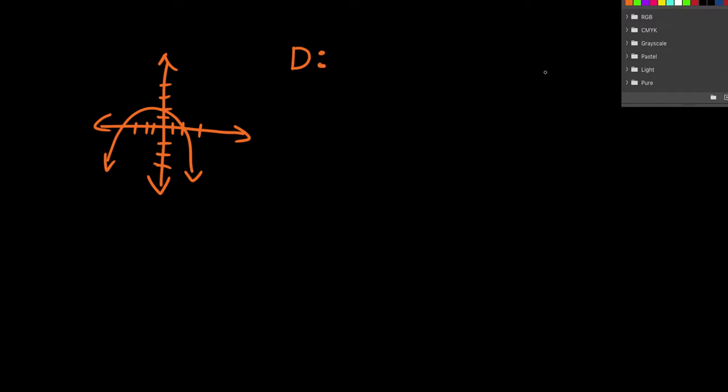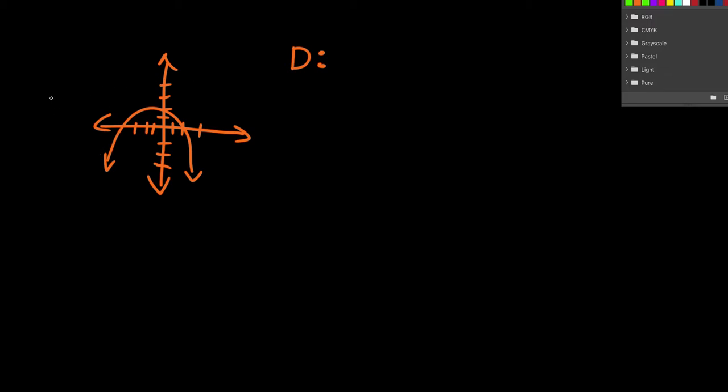Domain. Now, there's a number of ways that we can write the domain, but I just want you to think of it conceptually. I'm not so worried about the notation right now. In this class, I think we're just going to use inequalities to describe different things.